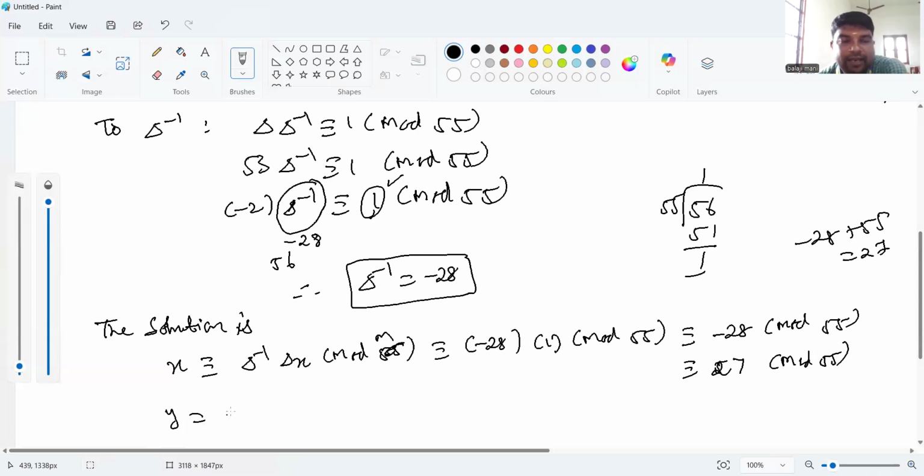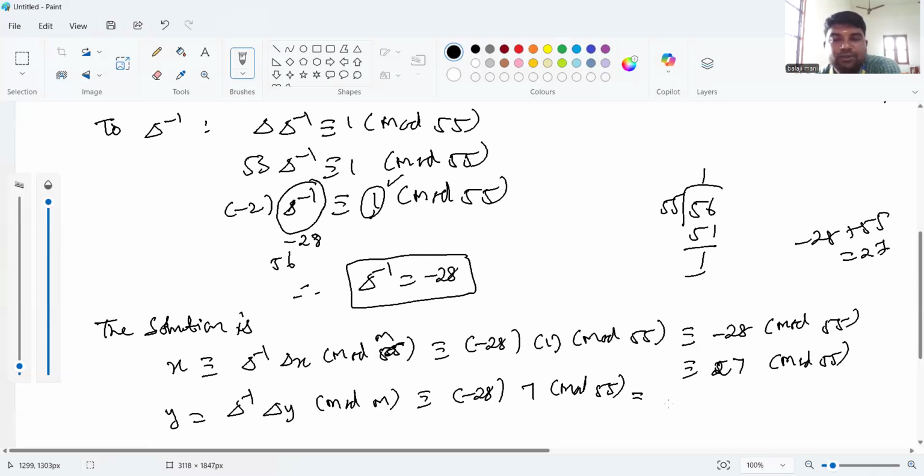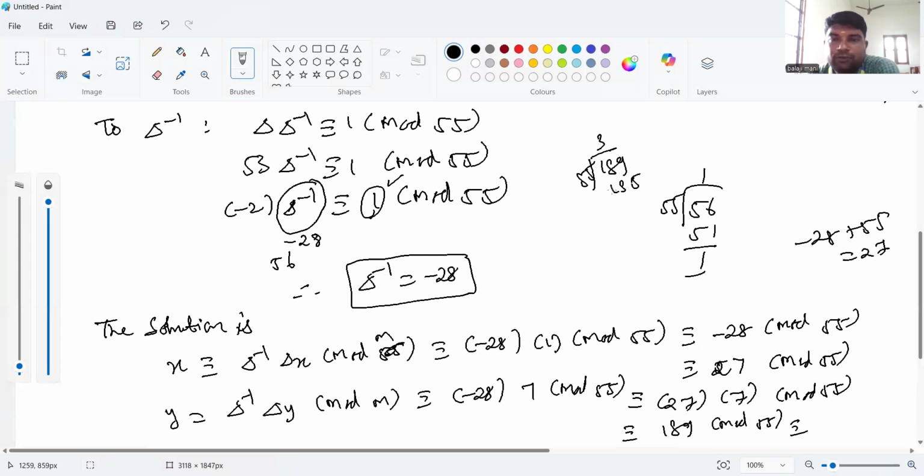Similarly, y is congruent to del inverse times del y modulo m. Del inverse is minus 28 and del y is 7 modulo 55. Minus 28, whose positive remainder we already obtained as 27, into 7 modulo 55. 27 into 7 is 189 modulo 55. 189 can be divided by 55, I think 3 times, so the remainder is 4.